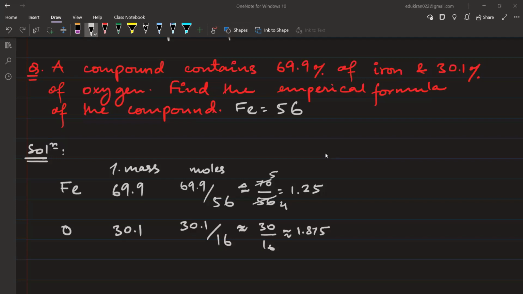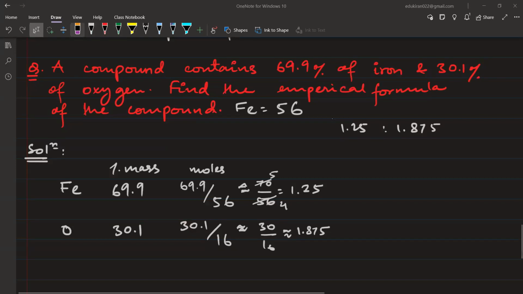Okay. So now the ratio of moles is what? 1.25 is to 1.875. How to bring this to whole numbers? Any idea? Divide by the smallest number.